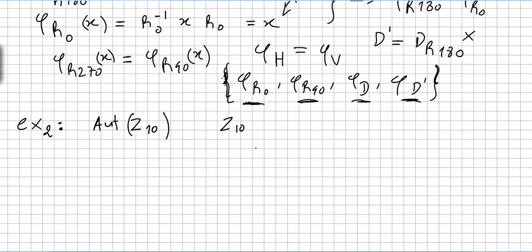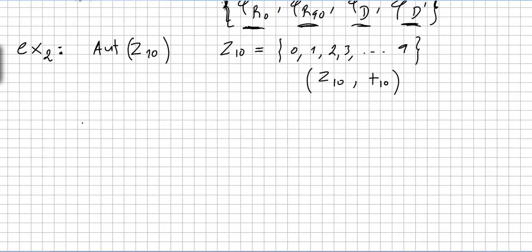I choose Z10 because it's really a very simple group under addition modulo 10, right? So we have 0, 1, 2, 3, etc. till 9, right? Do not forget that this is Z10 under addition modulo 10.